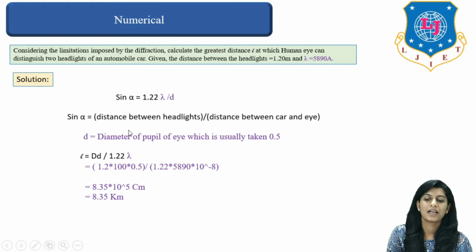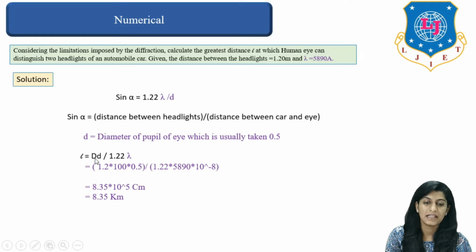So this is sin alpha value. We can simply equate these two equations. So what we get is 1.22 lambda by d is equal to distance between headlights upon distance between car and eye, right? So this is nothing but L equals D into d upon 1.22 lambda.